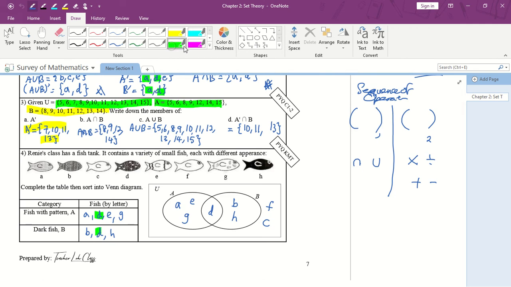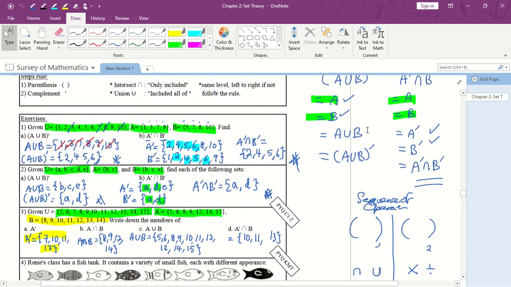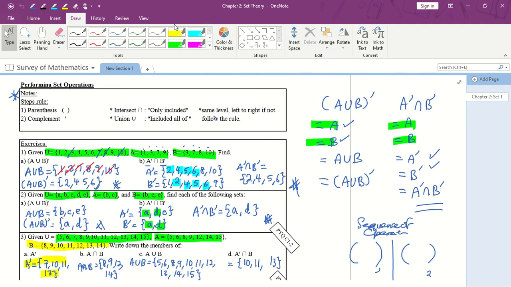What is important about knowing this is that the next item we'll be doing by shading. A quick thing to remember: when you see intersect, it means only included.